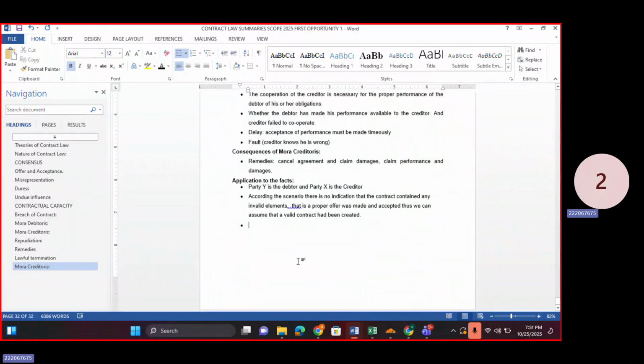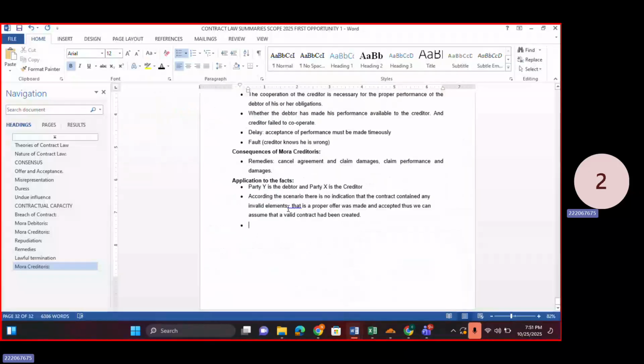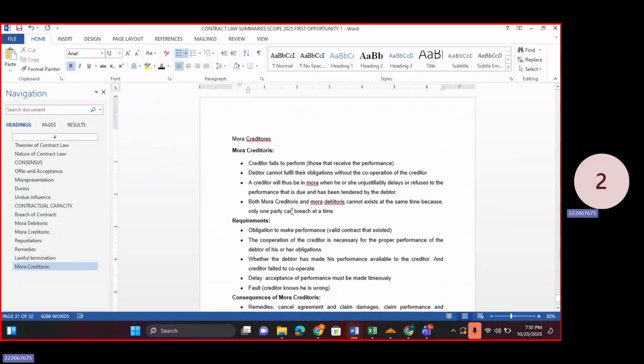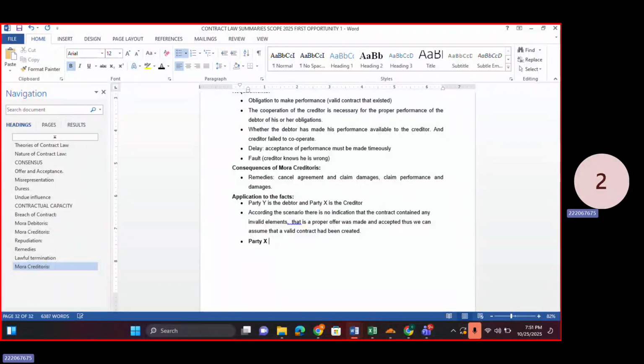Okay, and then what's the next one? What's the next criterion after here? Who performed? The defendant failed to perform. Party X failed to transfer the property.